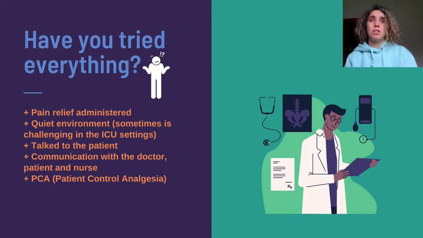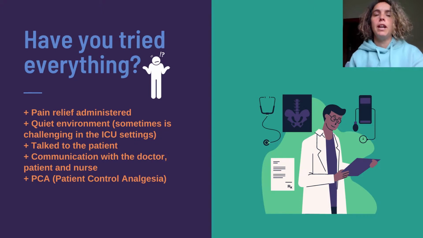Sometimes that works a lot because you give the authority to the patient to give themselves pain relief, which is great. And this has a lot of procedures, it has a lockout dosage, so they won't get overdosed or anything. Still, be aware of those signs I spoke about on the previous slide.